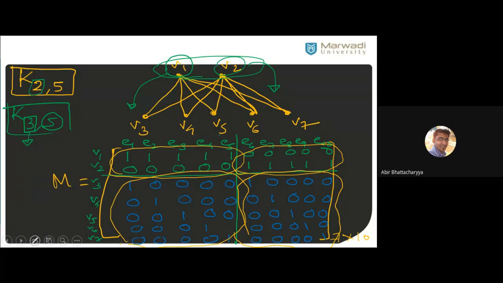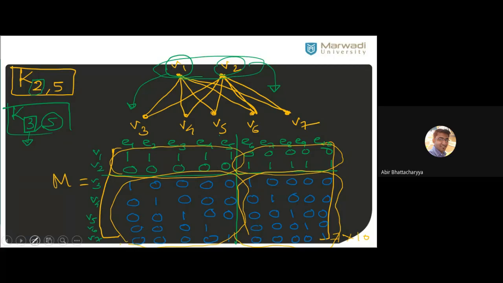How many edges? Tell me, how many edges are there? K46, how many edges? 24 edges. 24 edges, how many parts do you have to make? 4 parts, because the first partition has 4 vertices. So you have to make 4 parts. 24 in 4 parts means 6 each.